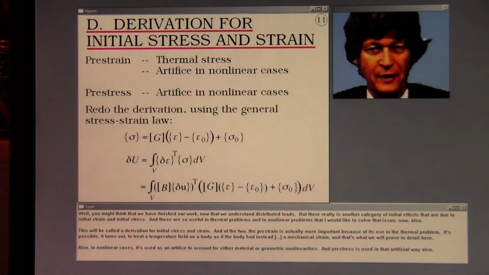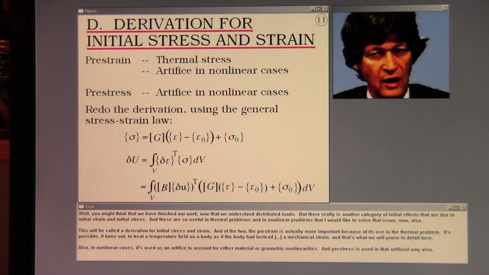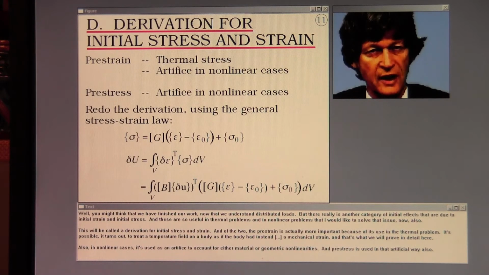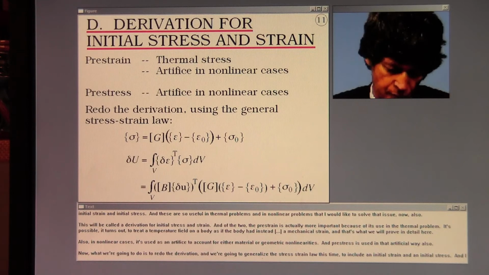Well, you might think that we've finished our work now, that we understand distributed loads. But there really is another category of initial effects that are due to initial strain and initial stress. And these are so useful in thermal problems and in nonlinear problems that I'd like to solve that issue now also.